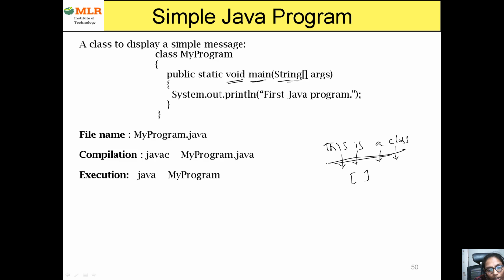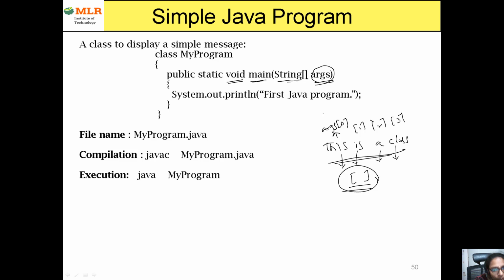If you combine all these together, then it becomes a string array. So it will take command line arguments as an array of strings, and the name of the argument is args. Whatever arguments you are giving will be stored in args. So this value is args of 0, this is 1, this is 2, this is 3. All these values will be stored in an array called args.